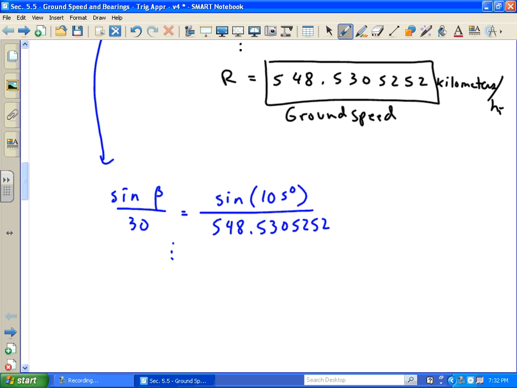I can solve this, and I'll end up with sine of beta equals 0.0528280077.